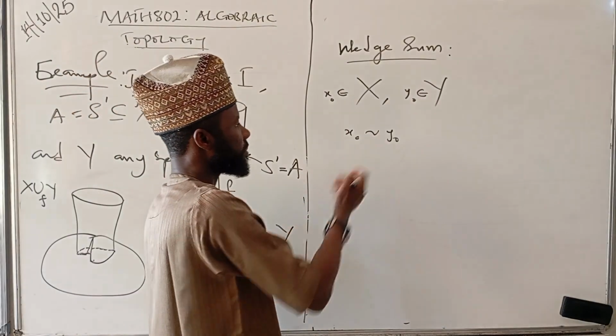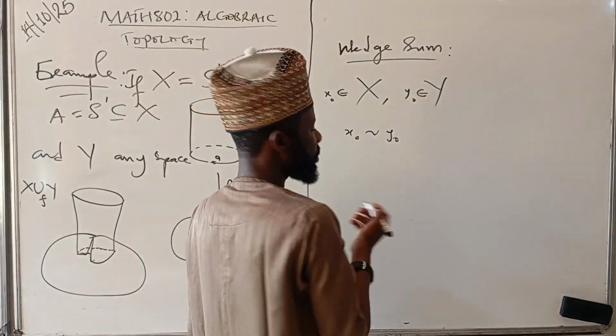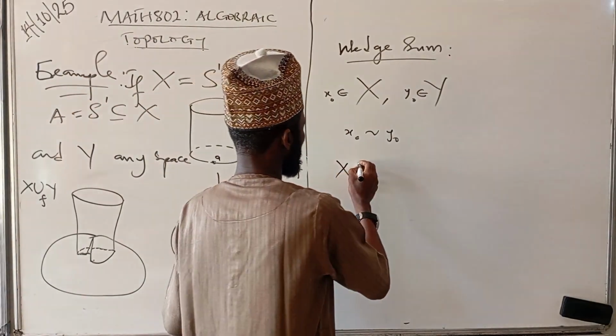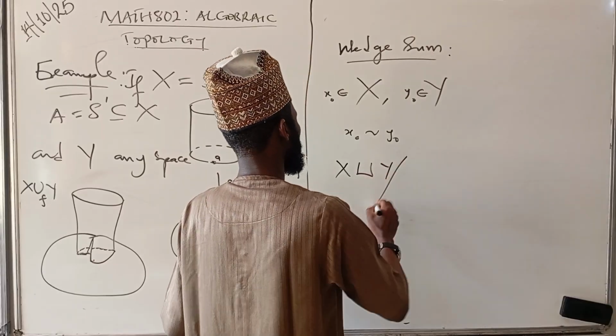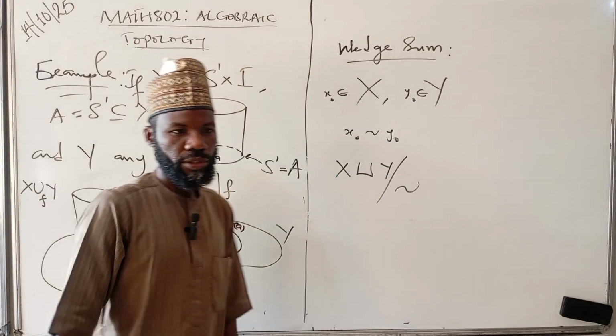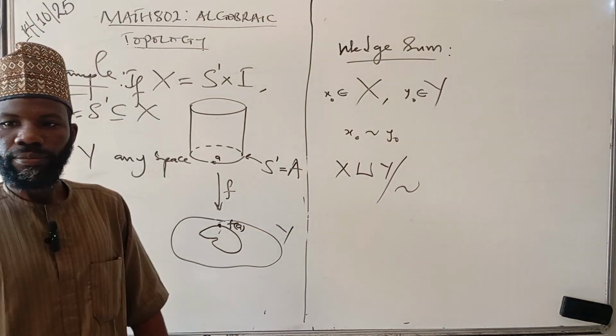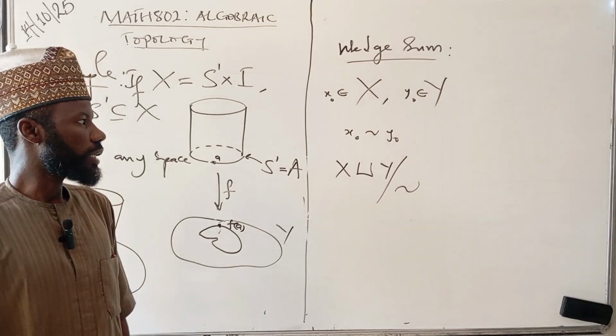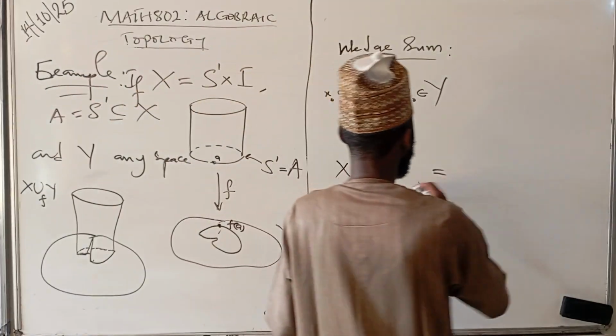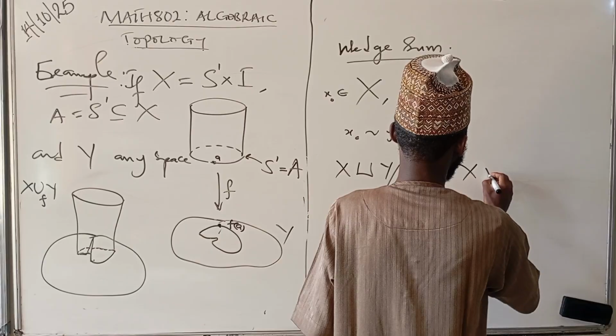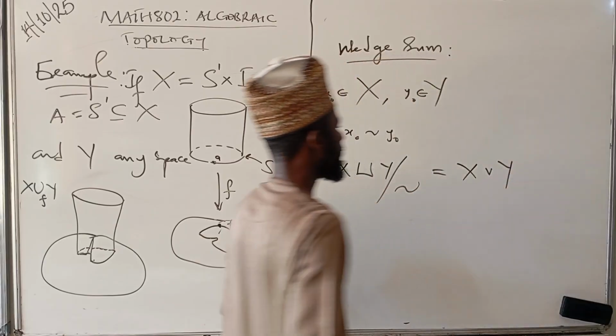And so on the disjoint union, you define the quotient space using this.